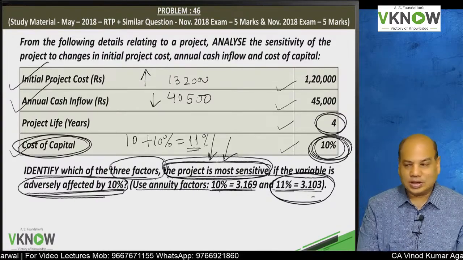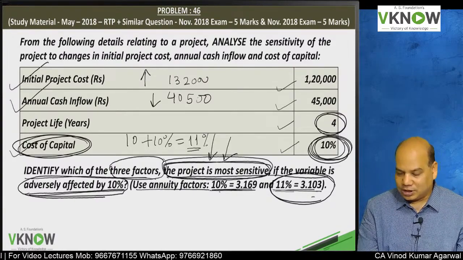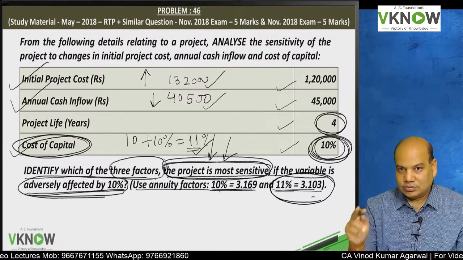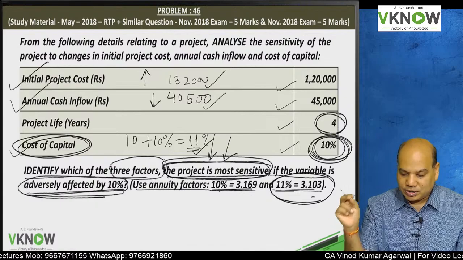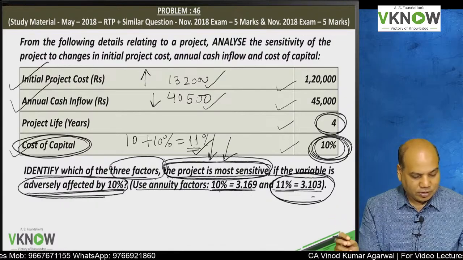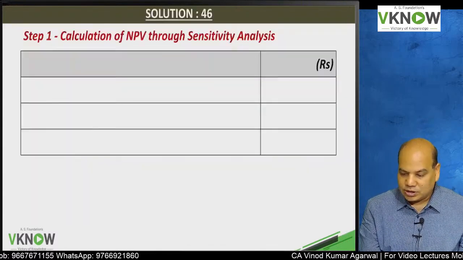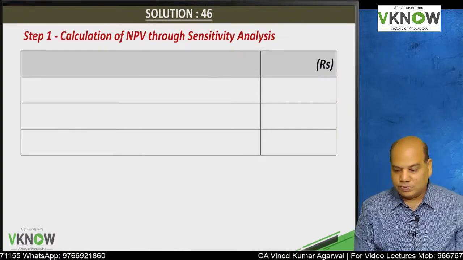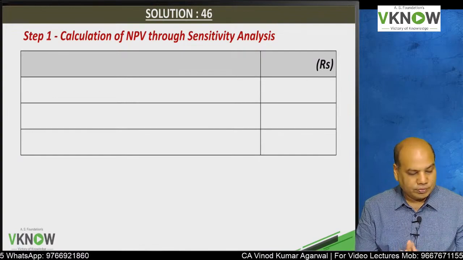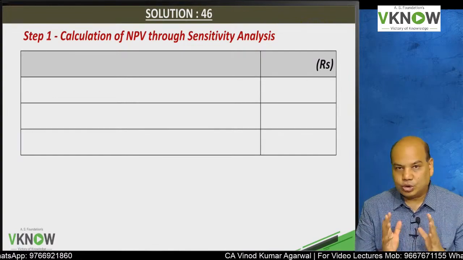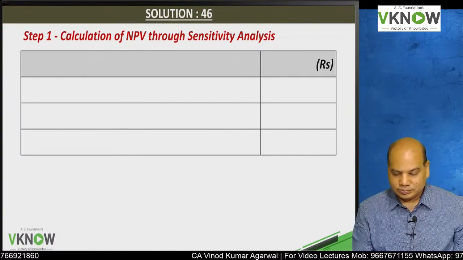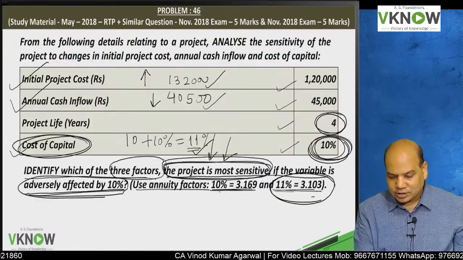Take 10 plus 10% of 10, that is 11. So with the revised data, calculate change in NPV, percentage change in NPV, and which variable the project is sensitive to the maximum. First we will compute NPV based on the original data.